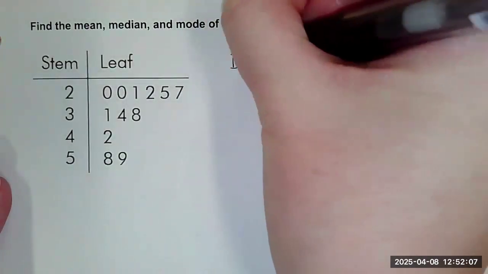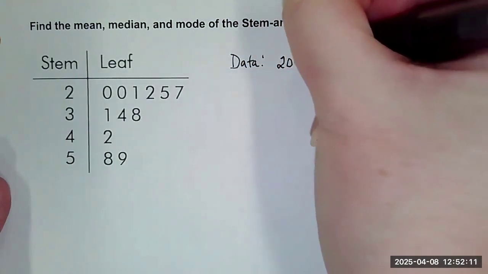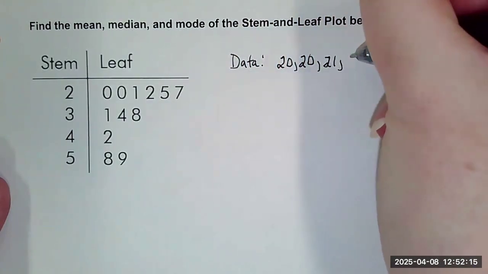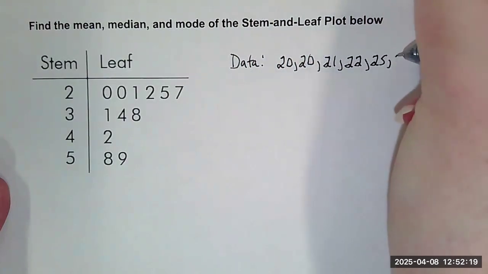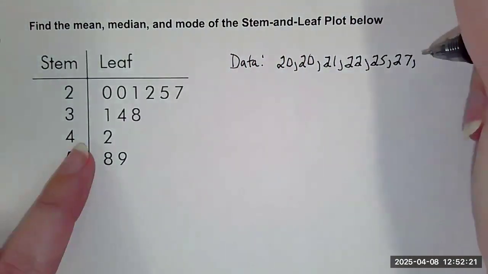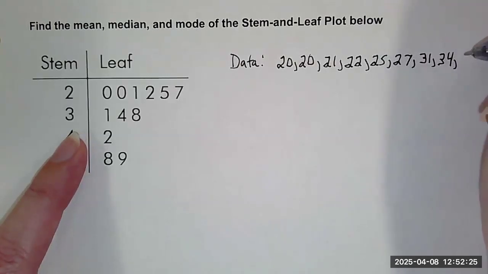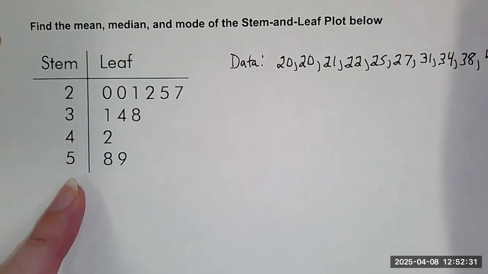So we're going to write out our list of data. My data is 20, 20, 21, 22, 25, 27, 31, 34, 38, 42, 58, and 59.